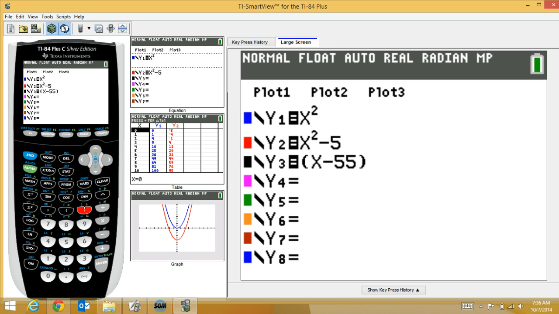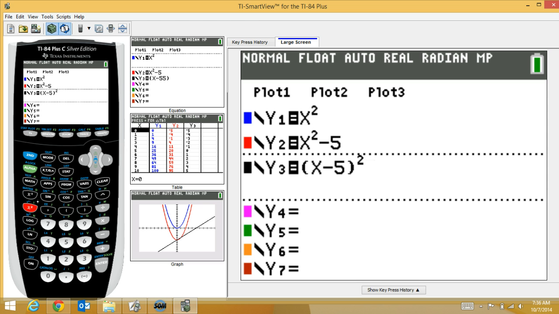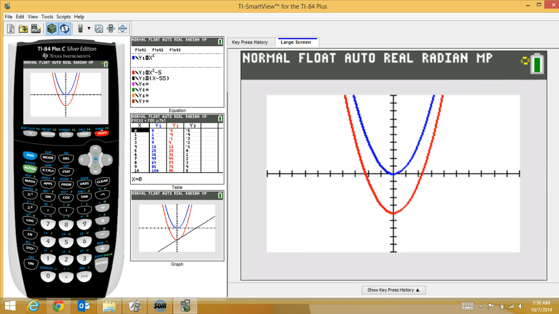Now, just like with the absolute values, if we have minus 5 inside, we should expect that to move 5 units to the right. So when we do hit graph, we will find that that is translated 5 units to the right.